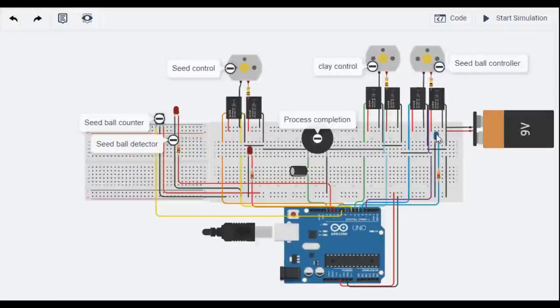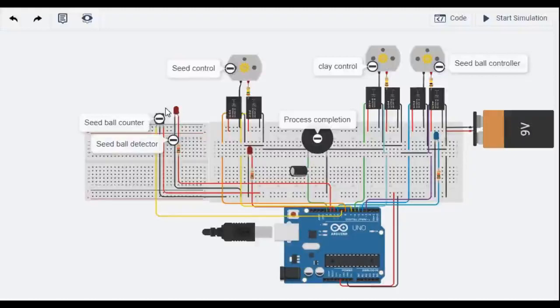And once the prepared seed balls are transported to the container via the transportation tube, the red LED glows and the buzzer is sounded, indicating presence of prepared seed balls. Now, unfortunately, due to the lack of components on Tinkercad, such as IR sensors and LED screen, we are not able to show our complete process that we had come up with.